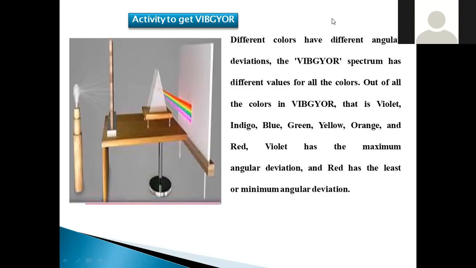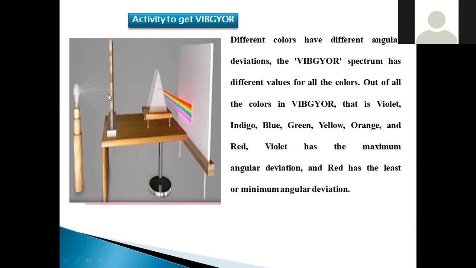So this is about the activity to get the VIBGYOR within the laboratory. We are taking a source of light, and the source of light is placed with a cardboard having a small pinhole in order to pass the light through it. White light is allowed to pass through this, and we placed one white board here.